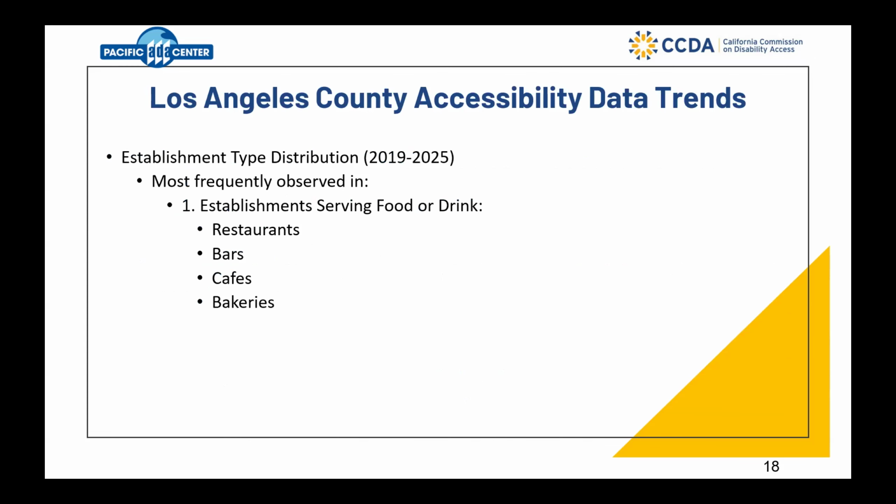So we talked about the data story. We talked a little bit about what this means to a real person. And what we're seeing in terms of establishment type distribution is we're seeing this most frequently observed in establishments serving food or drink. So restaurants, bars, cafes, bakeries.